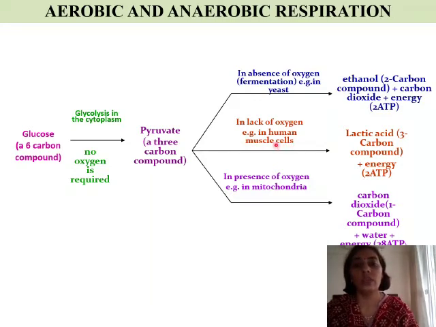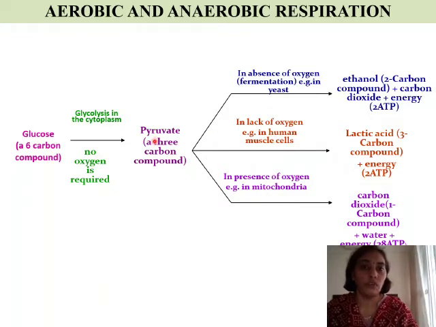So oxygen reaching the muscles is very less, and so the muscles start producing the extra energy that is required by performing anaerobic respiration. So what are the products? Lactic acid, which is a 3-carbon compound. Again, the amount of energy is only 2 ATP. So 2 ATP molecules are produced because again the oxidation is incomplete.